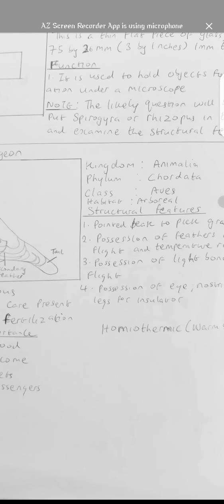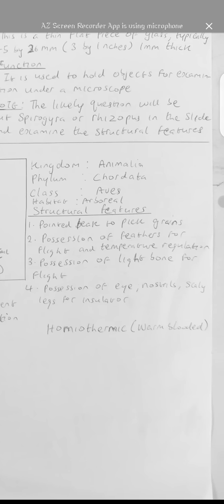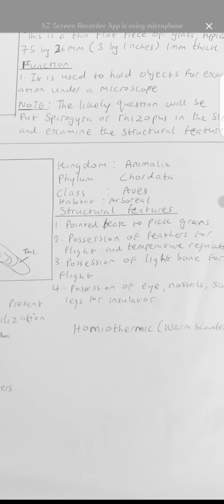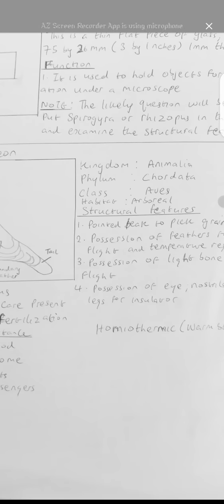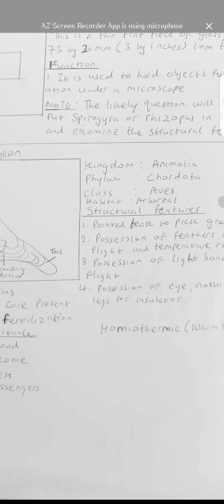So this is a thin flat piece of glass. The function is used to hold objects for examination under a microscope.